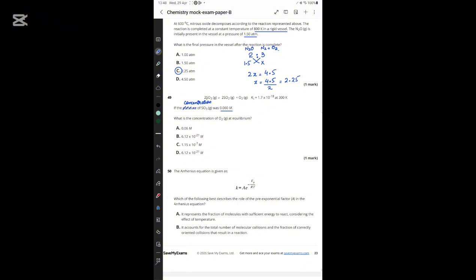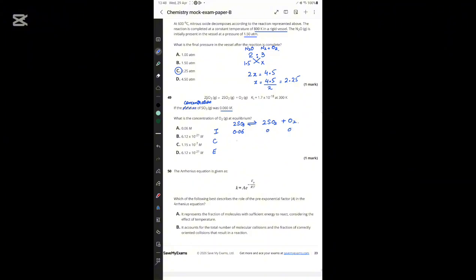So for that purpose we need to use the ICE method. So this is 2SO3 forming 2SO2 plus O2. First we have initial, change and equilibrium. Initial for SO3 is 0.06, and that is 0 initially for the products.